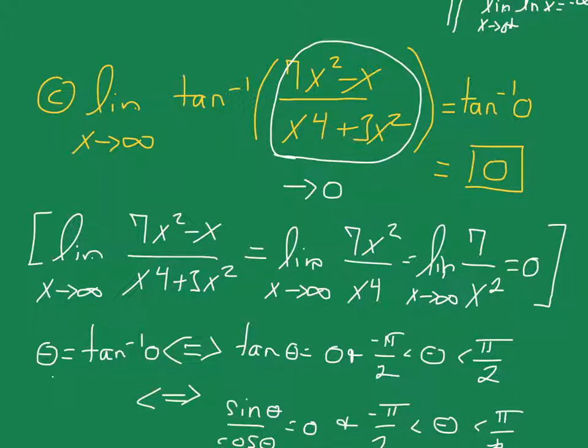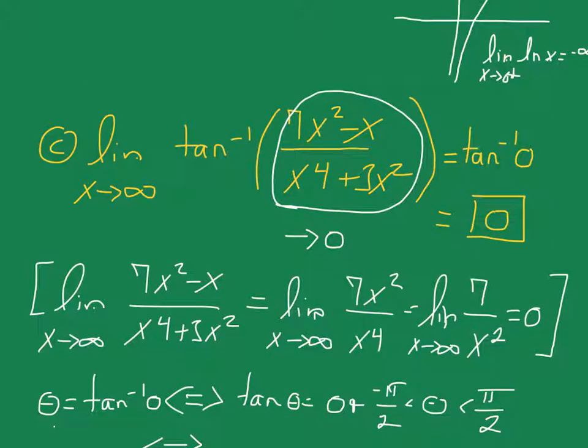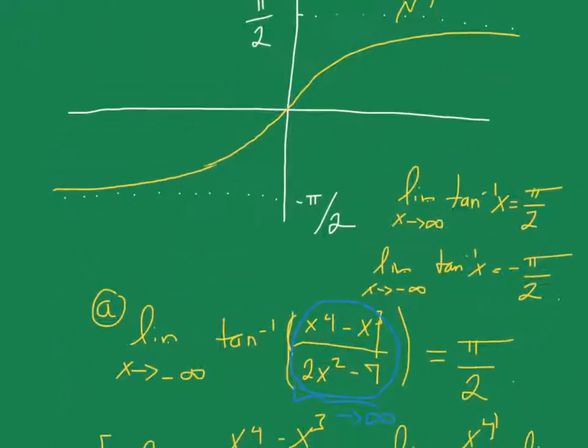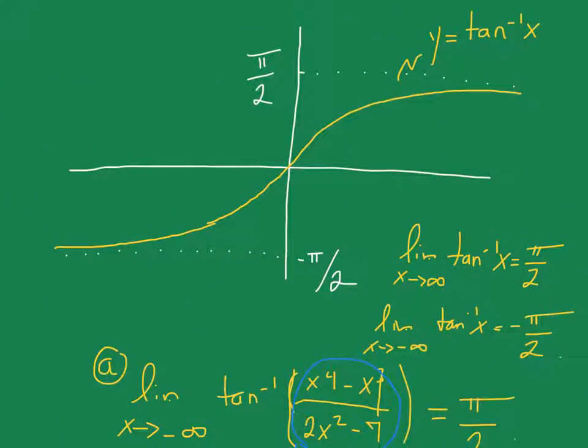In fact, for tan inverse 0, you'll know that tan inverse 0 is 0 if you happen to recall what the graph of the inverse tan function looks like. Here it is up here. Go back up. What is tan inverse of 0? Well, you can see that tan inverse of 0 is 0.